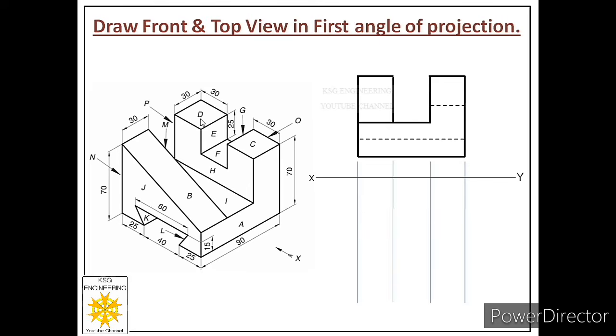Apart from these four parallel faces, there are three inclined faces: face B, face K, face L. Face K, L and B, these three are inclined to HP, and the four faces C, D, F, I are parallel to HP. It means if I have to construct the top view of this object, I need to represent seven faces: D, F, C, I, B, K and L.